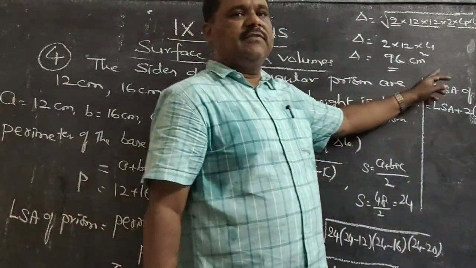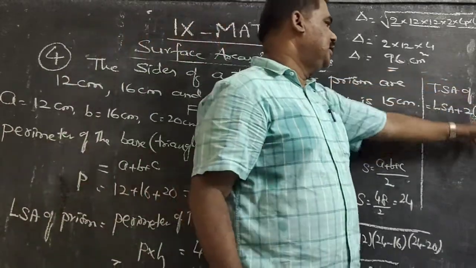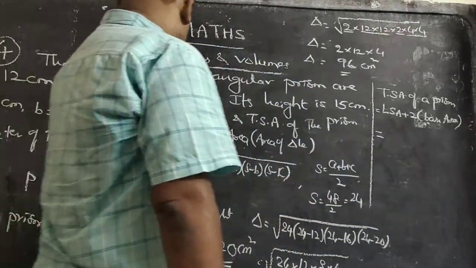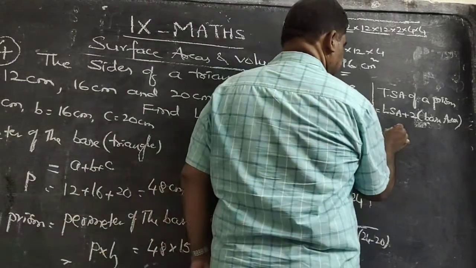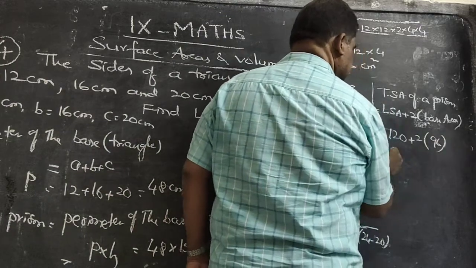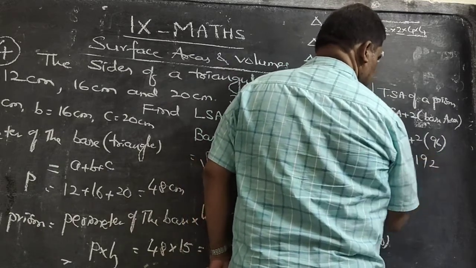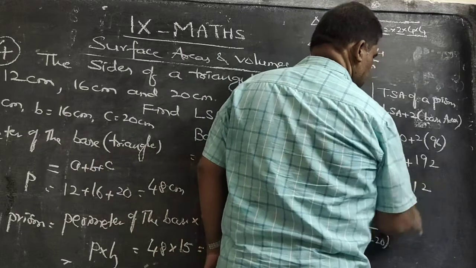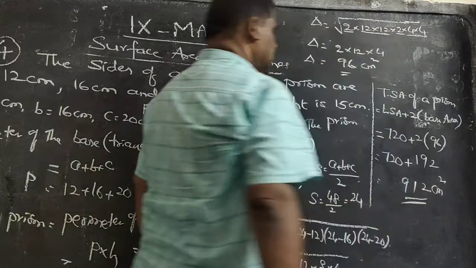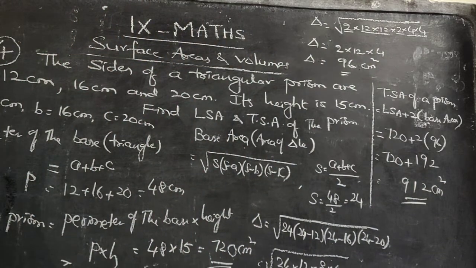Here lateral surface area we got 720, plus 2 into base area, which is 96. So total surface area of the prism we got 912 centimeters square.